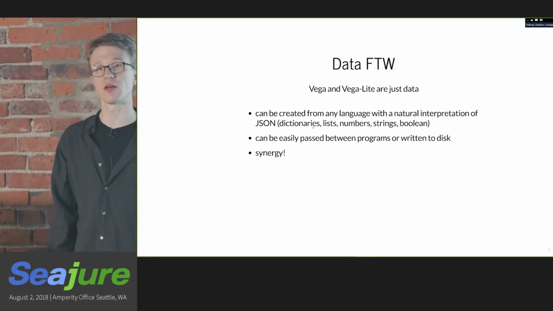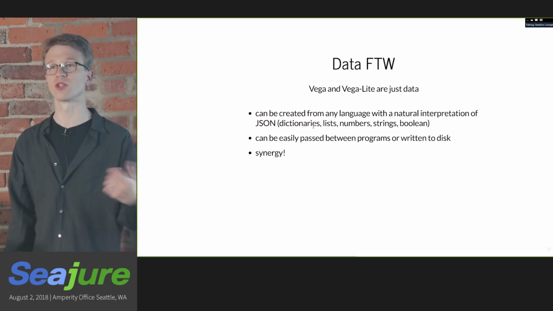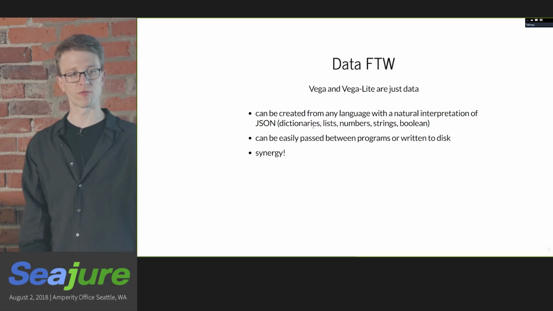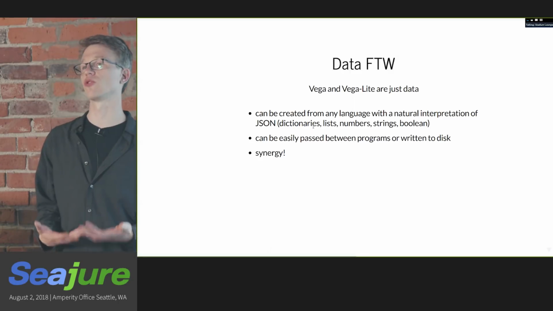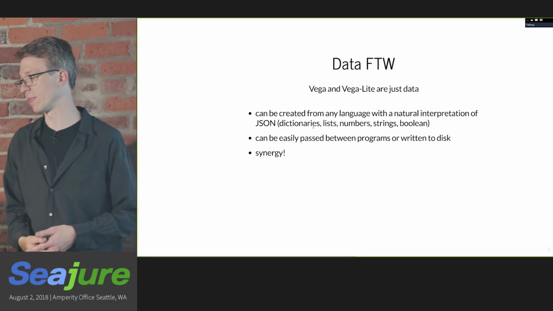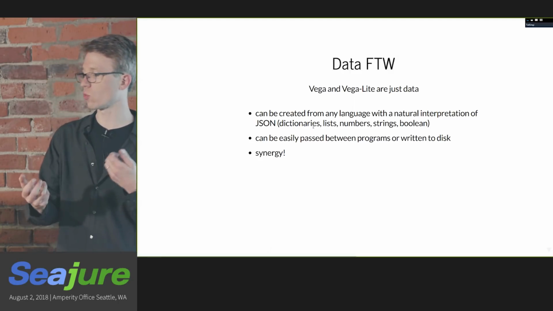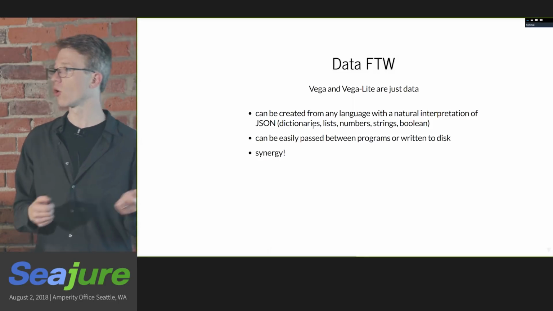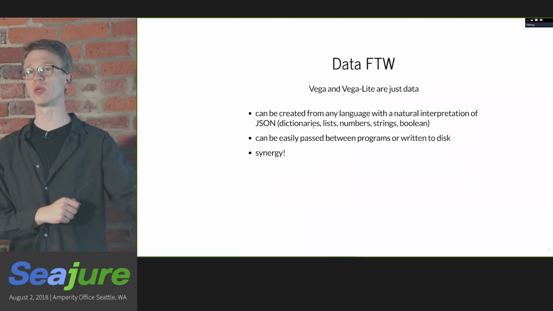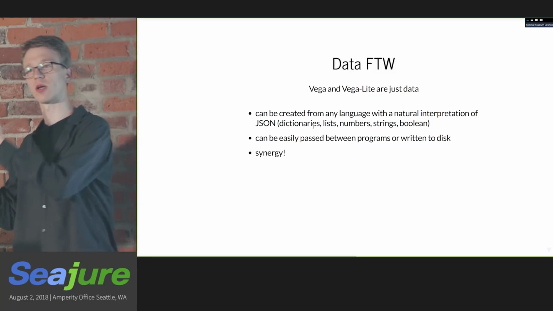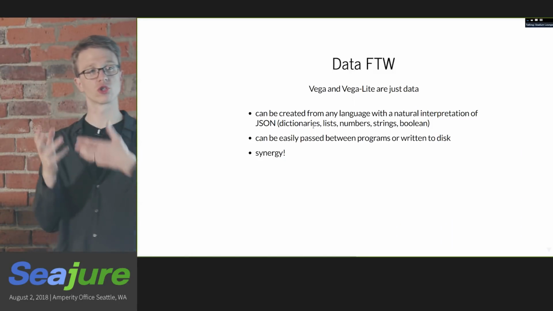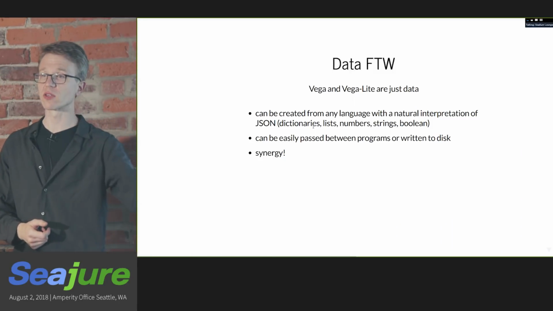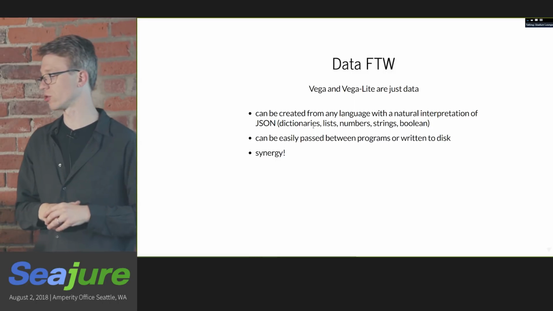I can write Vega and Vega-lite visualizations from Clojure, from JavaScript, from Go, from any language that has a natural interpretation of JSON. And this is really powerful because it means that when we create these visualizations, we can pass them back and forth between different programs. I can create something on a server and send it to a client. There's really a ton of stuff that you can do.